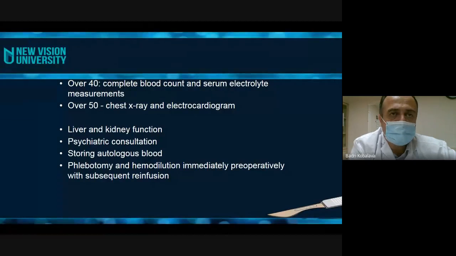About other specific tests, such as liver function, kidney function, psychiatric consultation, such measures are necessary only in selected cases. So during preoperative evaluation, you must determine the necessity of such investigation.